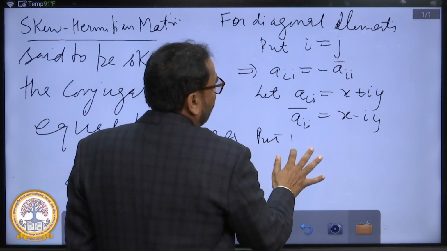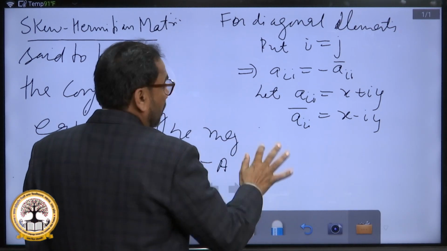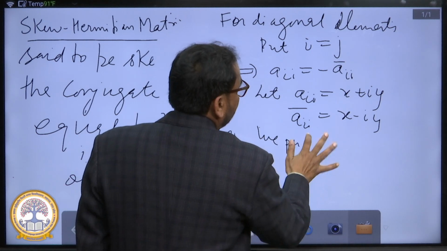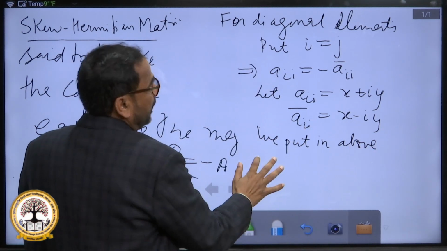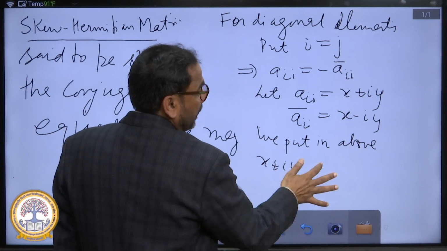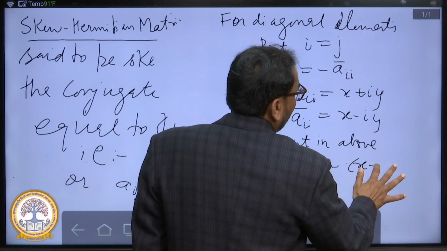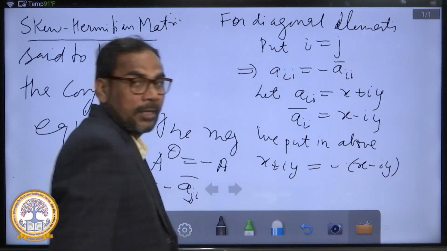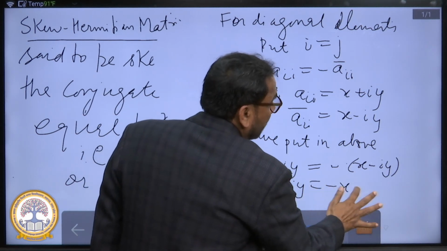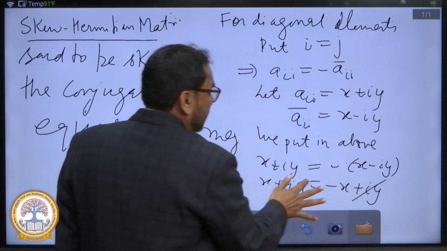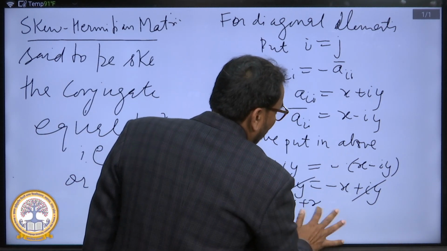We put this in the above equation: x plus iy is equal to minus x plus iy, that is, minus x minus iy. Here iy cancels out, so we have x plus x equal to 0.